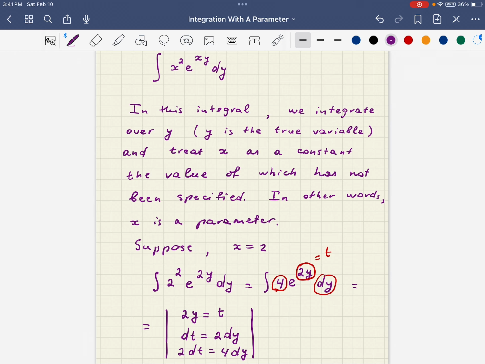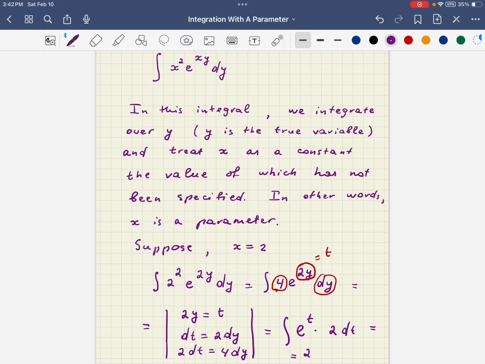And so in our integral, 4 dy is going to be replaced with 2 dt. And so we get integral of e to the power t, this is e to the power 2y, times 2 dt. And of course here it is easy to complete the integration. 2 is a constant, which we can pull outside of the integral, and the antiderivative of e to the power t is just e to the power t.